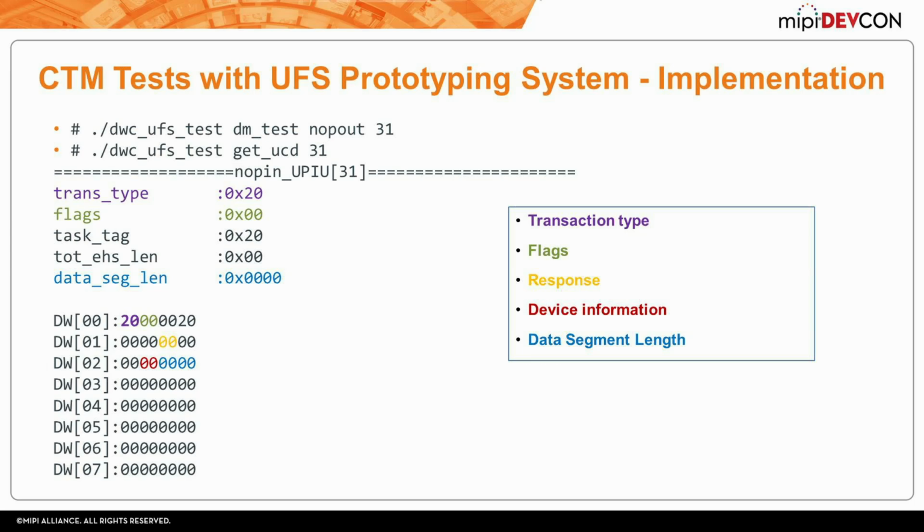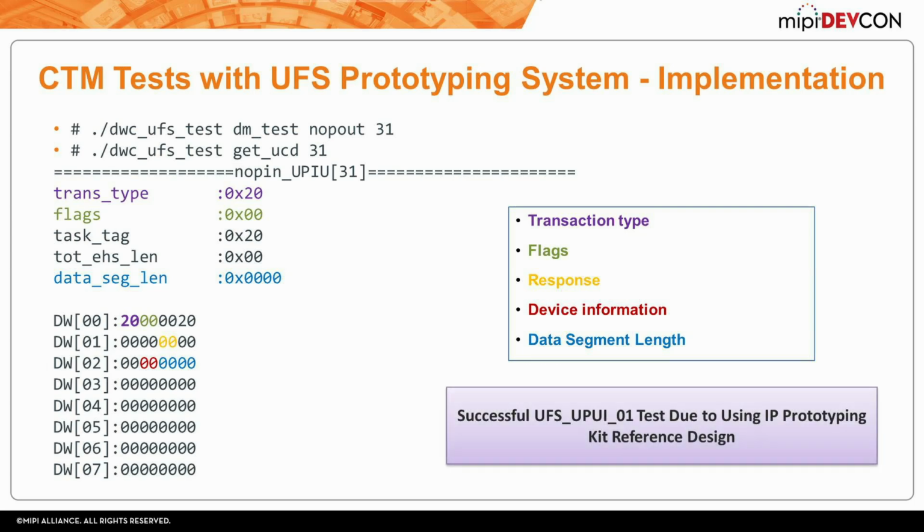So as you can see, the transaction type is 20. The flag, the data length, the response that is here, the device information, and data length is 0. So with just these two commands, you can see if you are capable of having a successful UPIU 01 or not. And this is a successful UPIU 01.